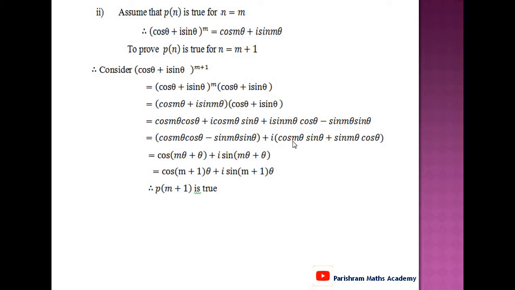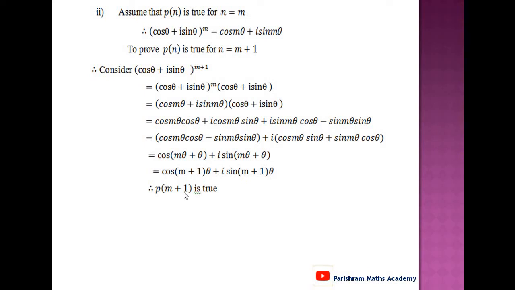And by the formula for sin of a plus b, the value of the second bracket term, sin of m theta into cos theta plus cos of m theta into sin theta, is sin of m theta plus theta. Taking theta as common, we get cos of (m plus 1) theta plus i sin of (m plus 1) theta.